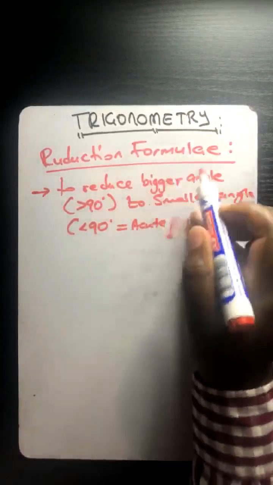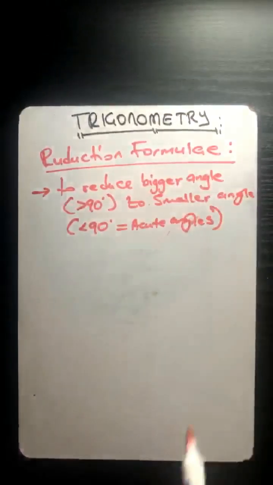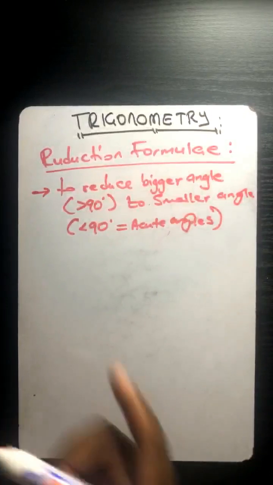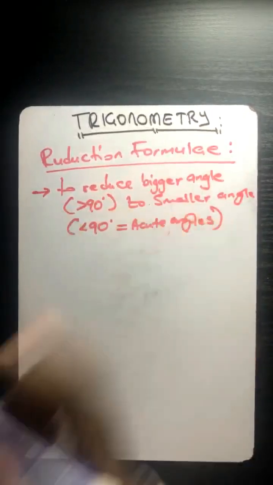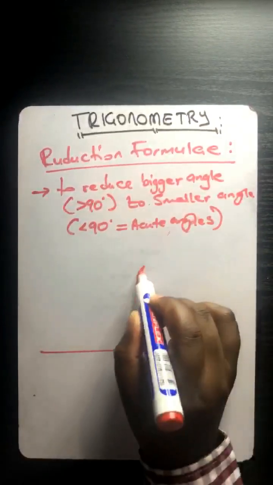Maybe let me write it in full. Acute angles. You can see what I'm writing there, but it doesn't really make sense. Now, let's try to make sure that it makes sense to everyone.